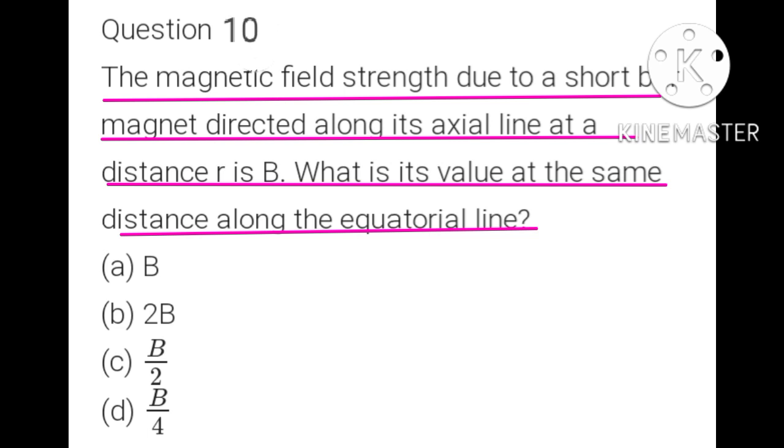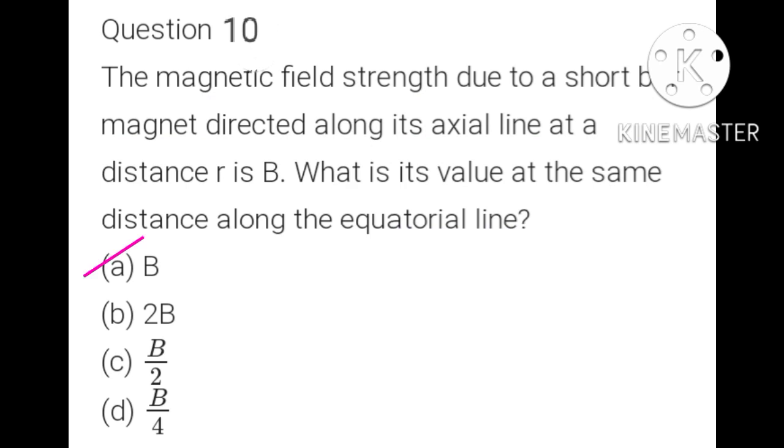Question number 10. The magnetic field strength due to a short bar magnet directed along its axial line at a distance r is B. What is its value at the same distance along the equatorial line? A option, B, B option, 2B, C option, B over 2, D option, B over 4.